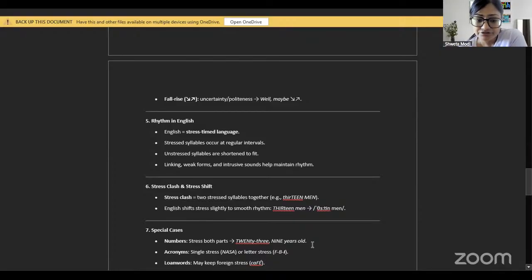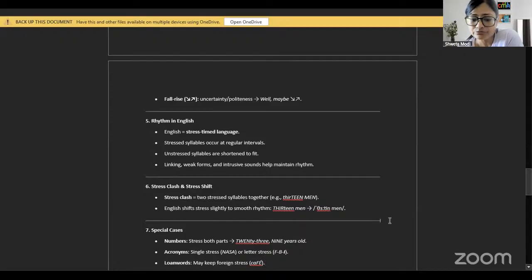Stress clash and stress shift. Two stressed syllables together: thirteen men. Now, teen and men are two stresses coming together. English shifts stress slightly to smooth the rhythm. So there can be a stress clash.